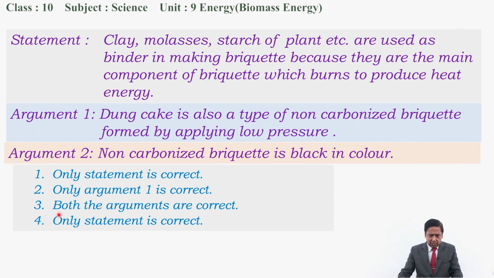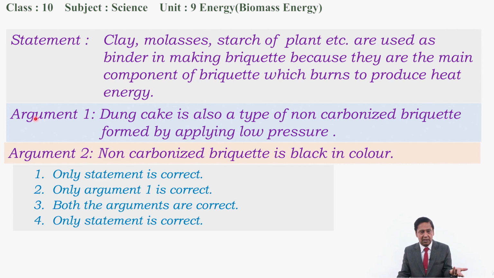Now let's see number 2. Only argument 1 is correct. Is it? Argument 1. Dung cake is also a type of non-carbonized briquette formed by applying low pressure. Yes, this is correct because dung cake is pressurized by using our palm with low pressure, and it is dried, and this is non-carbonized briquette.